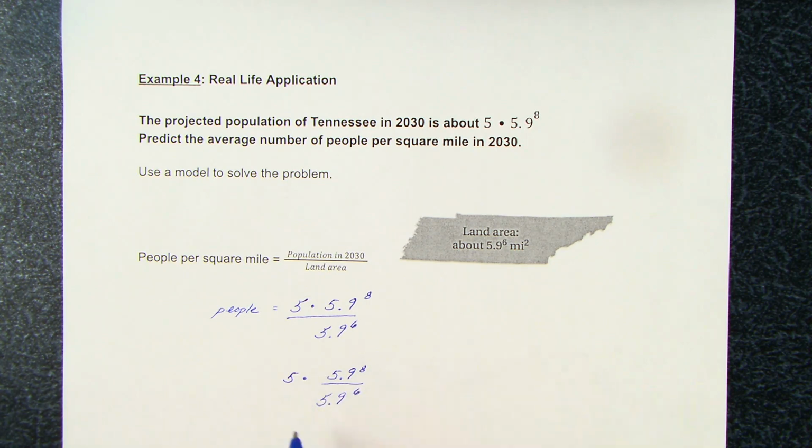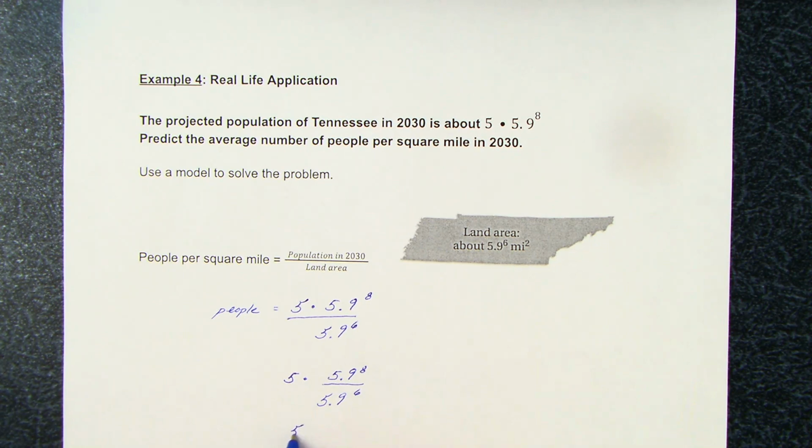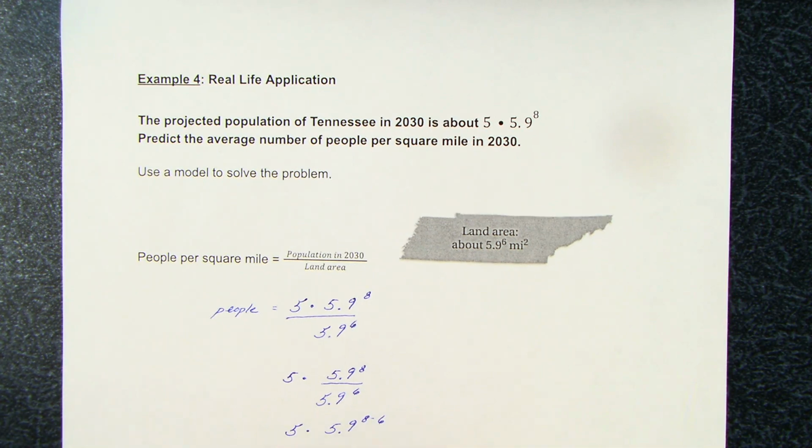And then using my quotient of powers, that is 5 times 5.9 to the 8 minus 6, which is 5 times 5.9 squared. I really feel like I need some parentheses there.